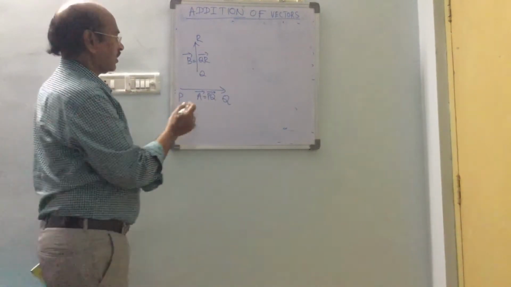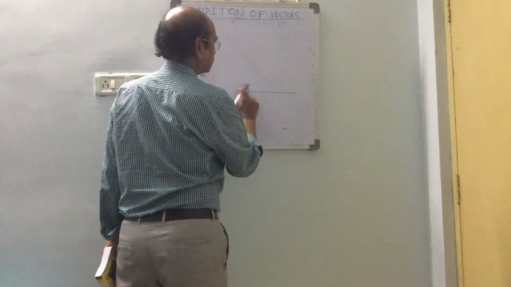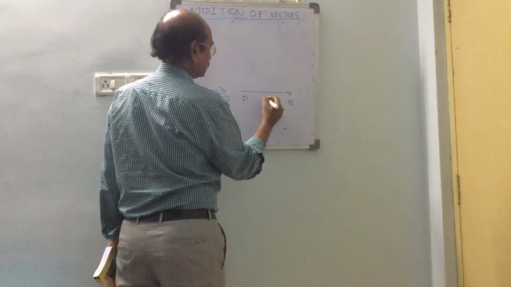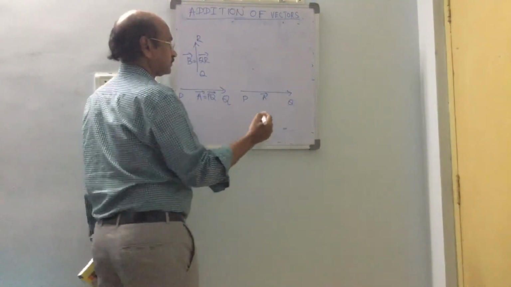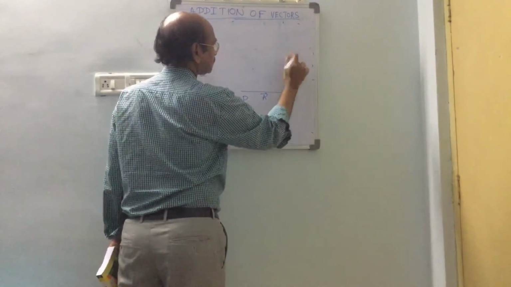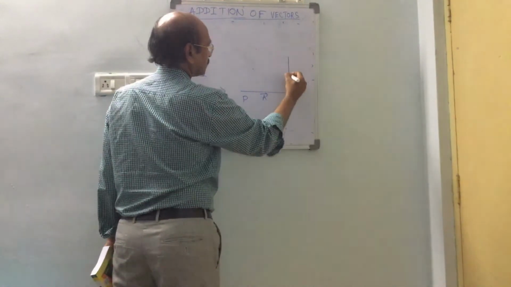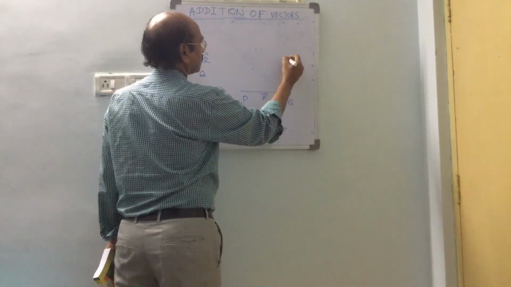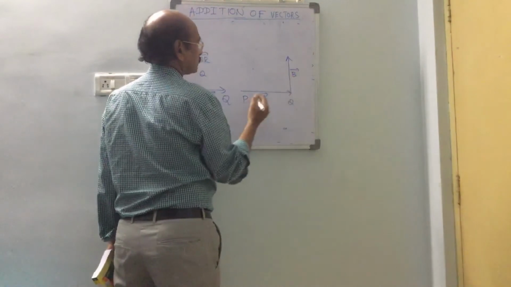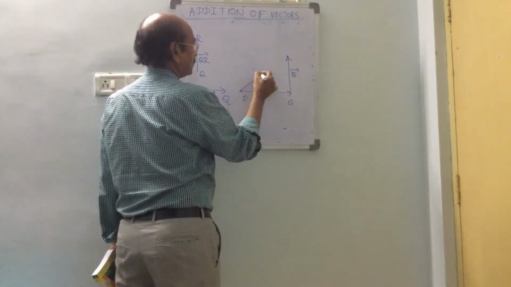To add vector A bar to the vector B bar, first take the tail of B bar and join it to the head of A bar, and then join the tail of A bar with the head of B bar.